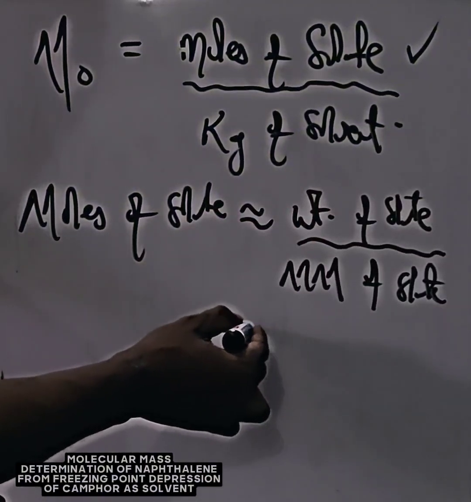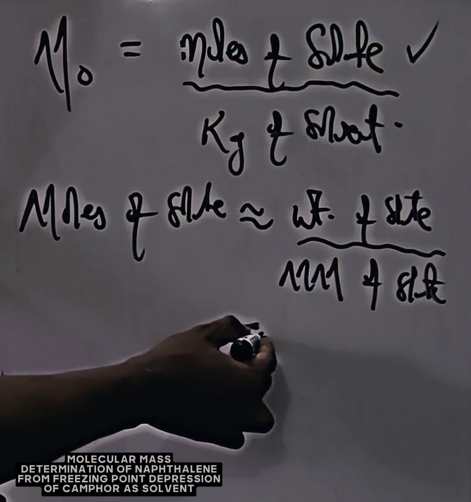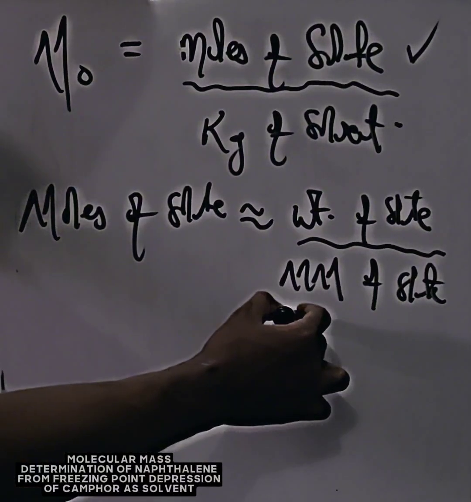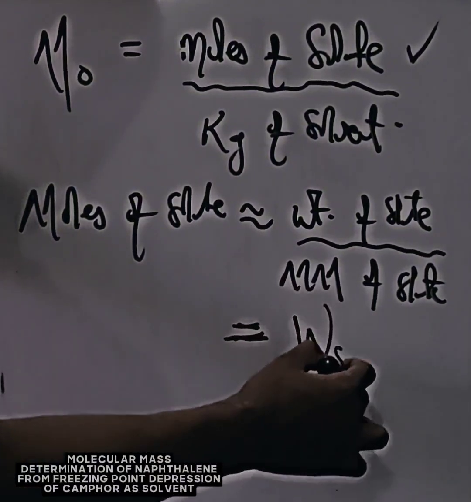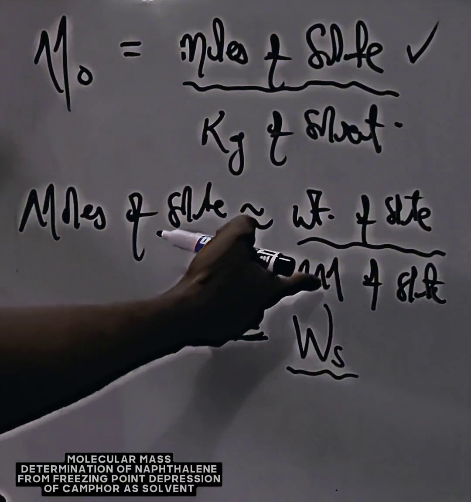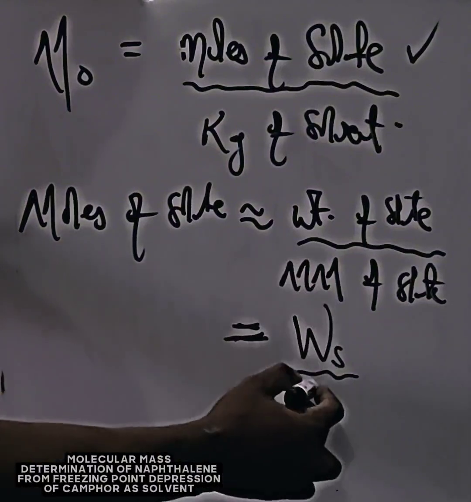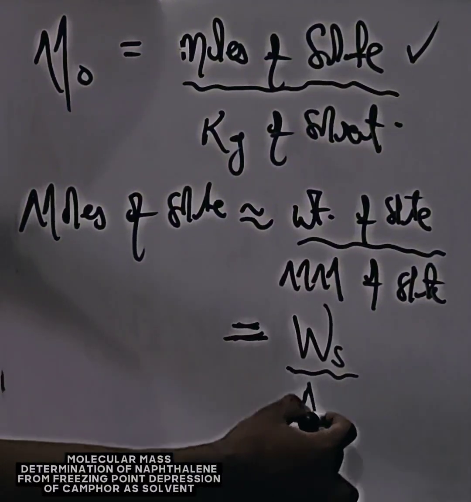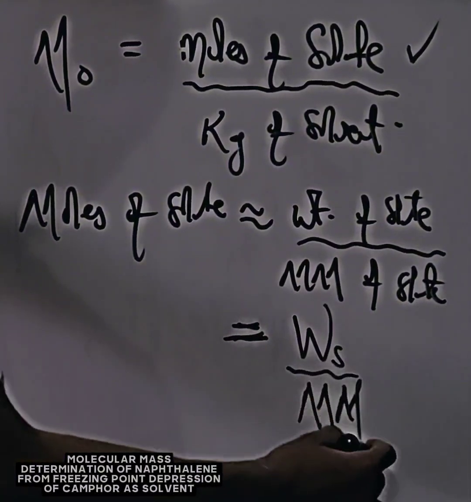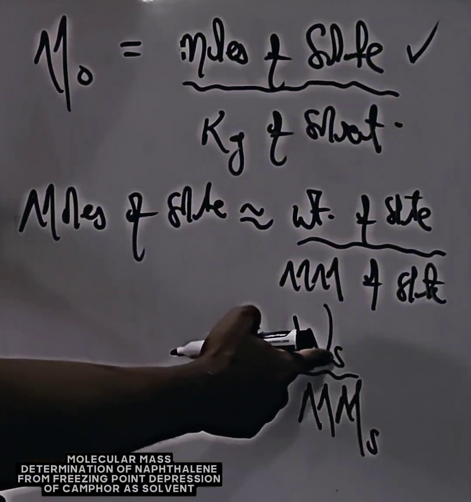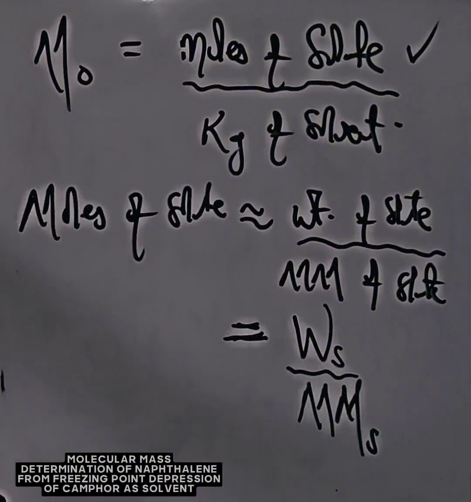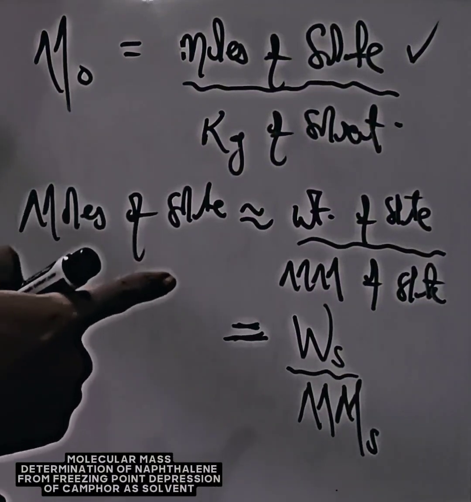In this case, I'm going to designate the weight of solute as Ws, divided by the molecular mass of the solute. Remember, our solute is naphthalene. I'm going to designate that with Ms, so moles of solute is Ws divided by Ms.